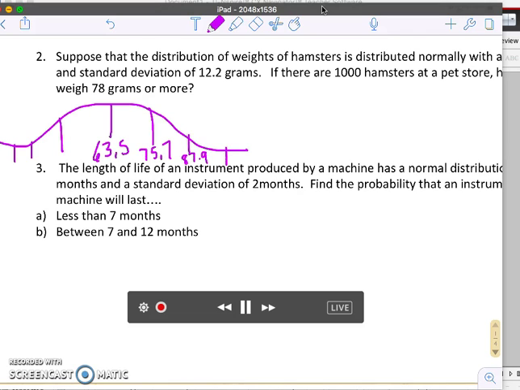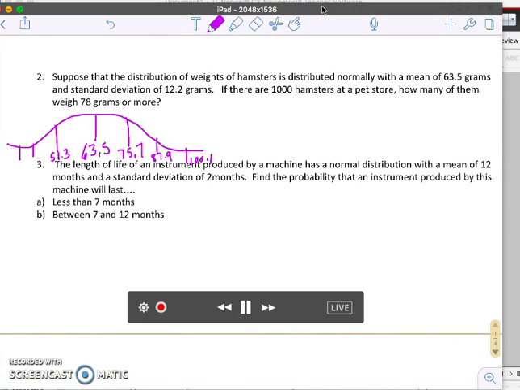Add 12.2 again, so that'd be 100.1. And we could go the other way as well. If we subtract it, that would be 51.3. And we could keep going the other way, but if we notice, we want more than 78 grams.